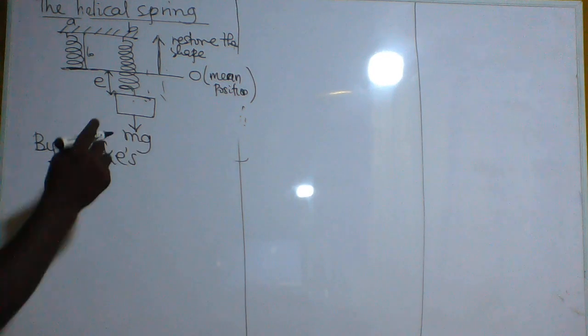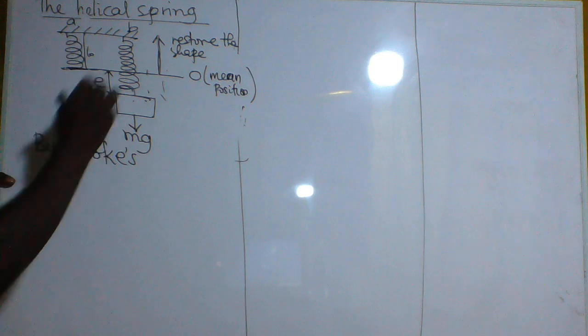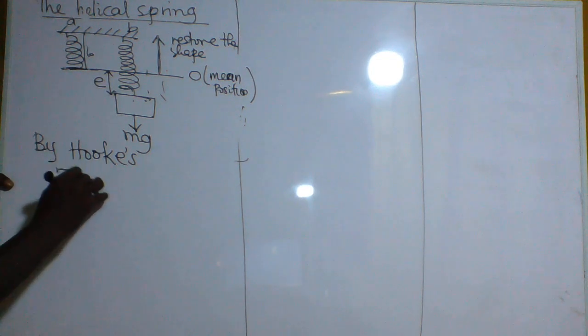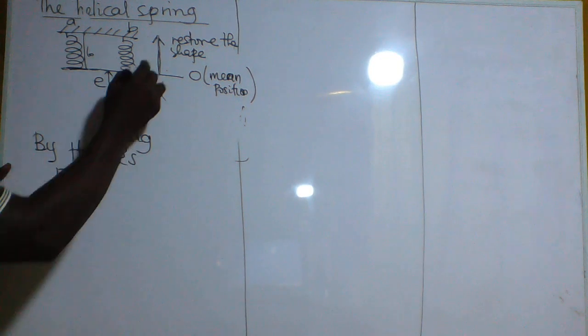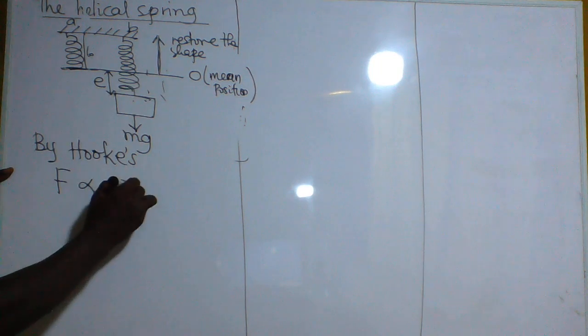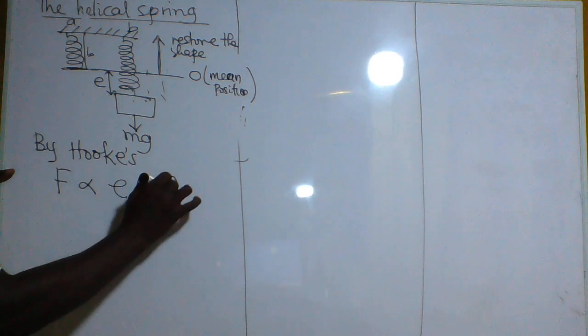So there's always a restoring force acting against the extension, and by Hooke's law, this restoring force or the spring force F is directly proportional to the extension E in the spring.